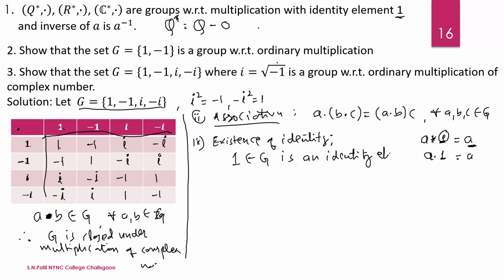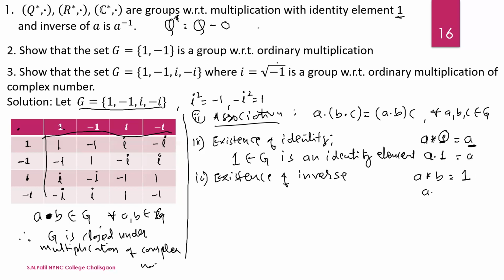Okay, now next, existence of inverse. What is the definition? A star B equals E, because we know the identity element, which is 1.